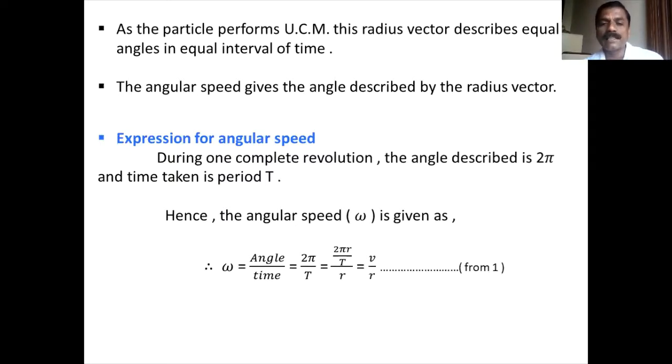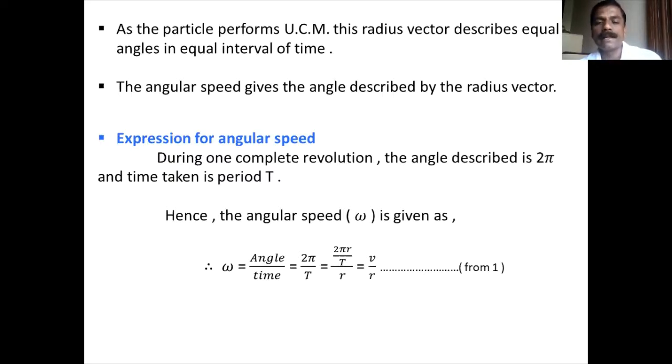Omega is the symbol for angular speed, and it is read as omega. So omega is nothing but angle divided by time. In one revolution, a 2 pi angle is traced and the time taken is the period capital T. Now we can put the expression here, dividing with a small r.